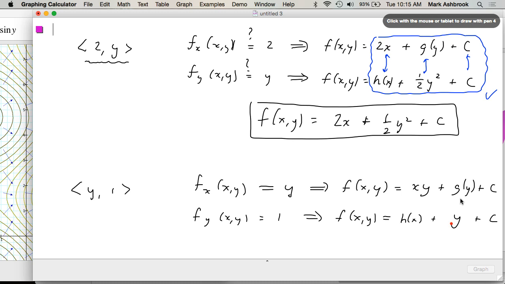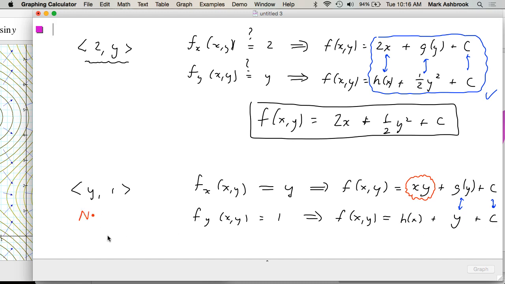If you take the partial derivative with respect to y, that's good. That matches up. But here I've got xy, which means I have to have xy down here, or something like xy. Do I? Nope. So this is a problem. There's no xy in this one. So there's no way we could write f that satisfies both this form of it and this form of it.